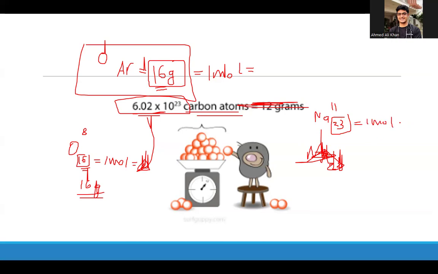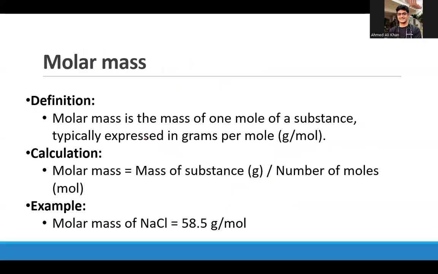If you'll take like 6 into 10 power 23 atoms of sodium, so they will weigh 23 grams. समझ आई? So this is the concept. So all of these masses are basically the relative atomic masses. Okay, so sorry, not the molar masses, the relative atomic masses.